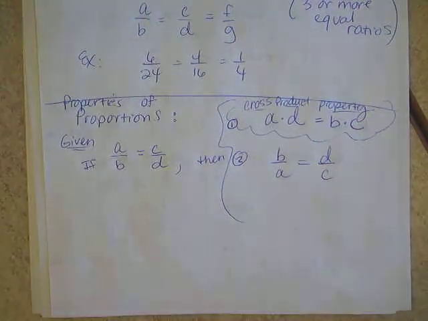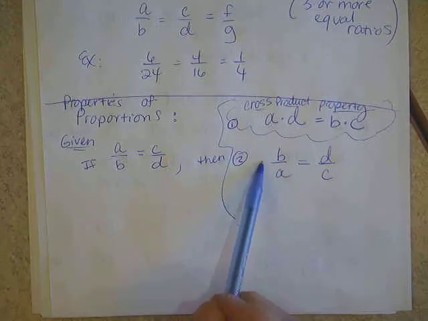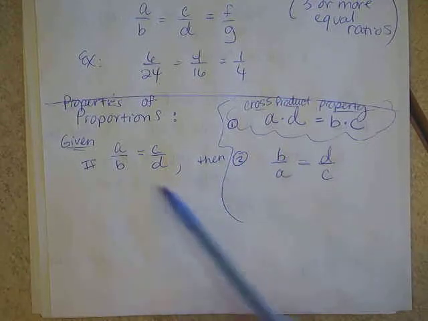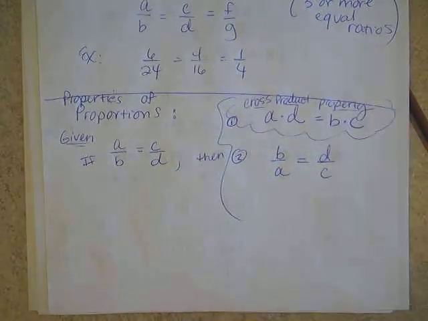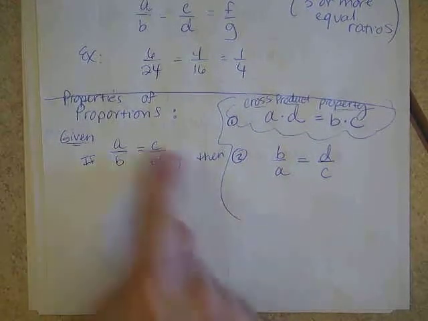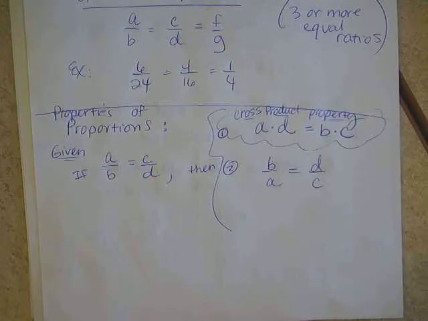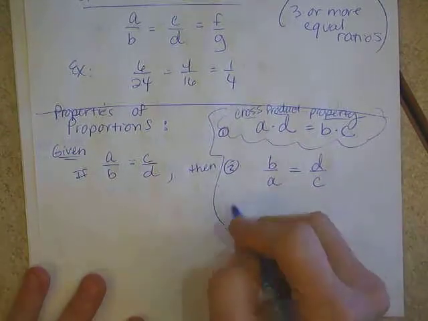D over C. I would just flip the other fraction. These aren't terribly difficult, but I feel sometimes like people forget to go back to the original proportion. So they're just looking at this going, well, I don't know what B over A is. It depends on what you started with.